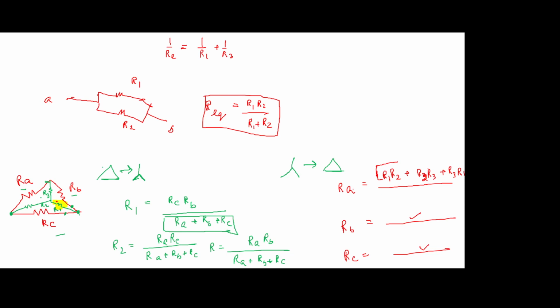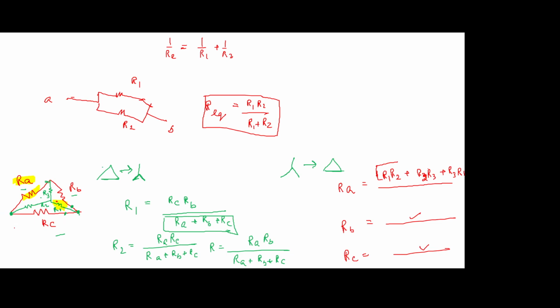However, for the denominator, suppose you are to calculate this RA branch, let me use the highlighter. In the denominator, you will have to divide by the branch that is just opposite to it. The branch opposite to RA is this R1, right?